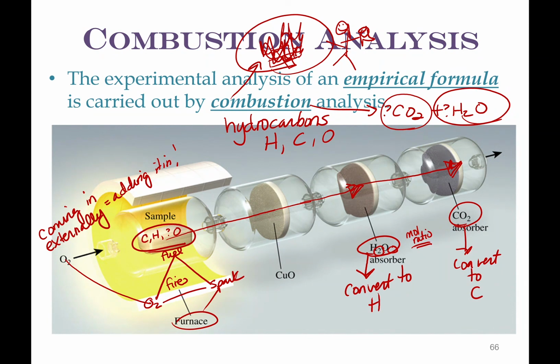So subscripts are a mole ratio that we can use, and I can say for every 1 mole of water, there are 2 moles of hydrogen. And for every 1 mole of CO2, I have 1 mole of carbon. So we can use that information. Let me erase a bunch of this stuff right now.